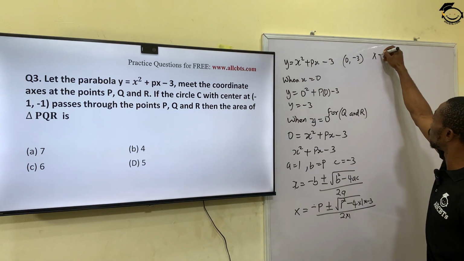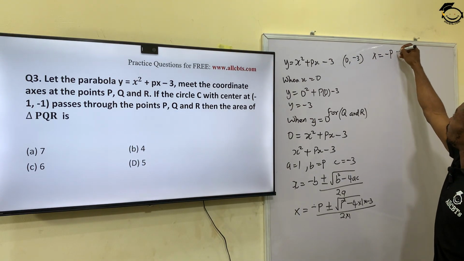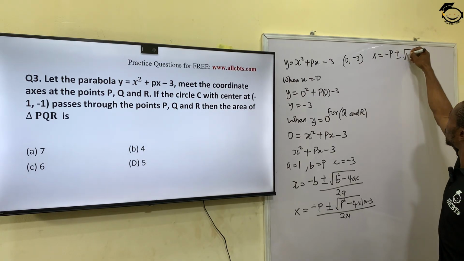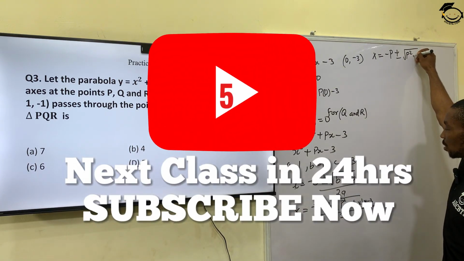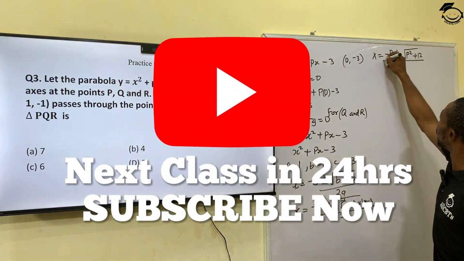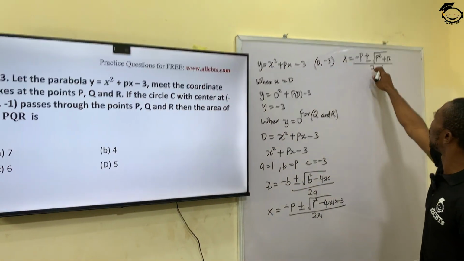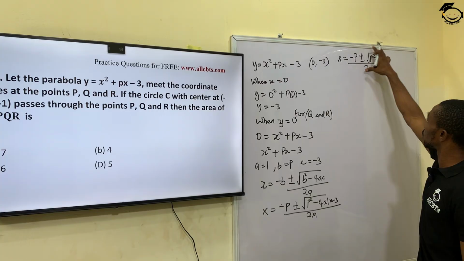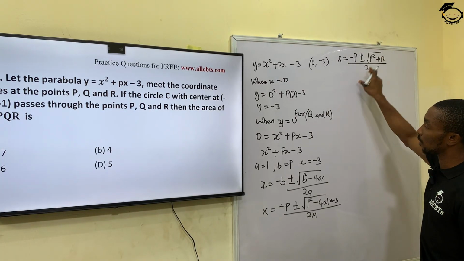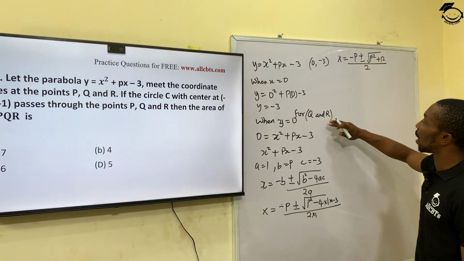So x would be minus P plus minus root P squared plus 12 over 2. Okay, so this forms our equations for Q and R.